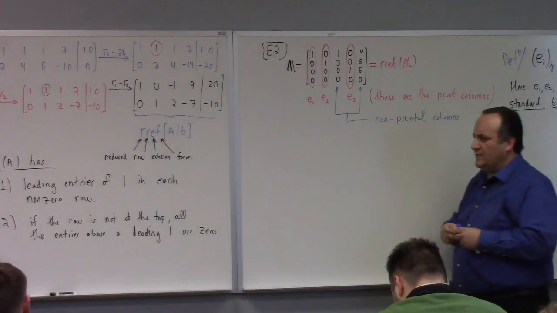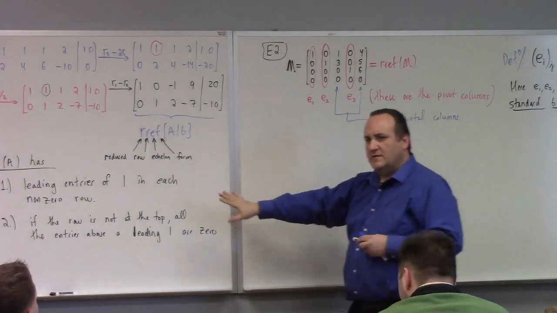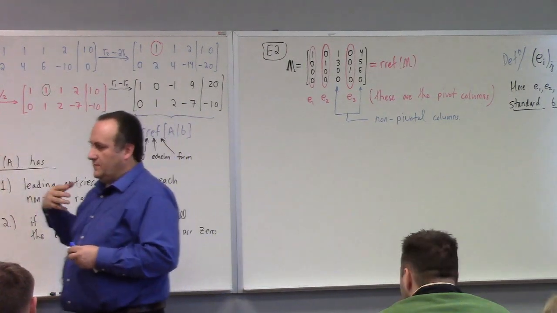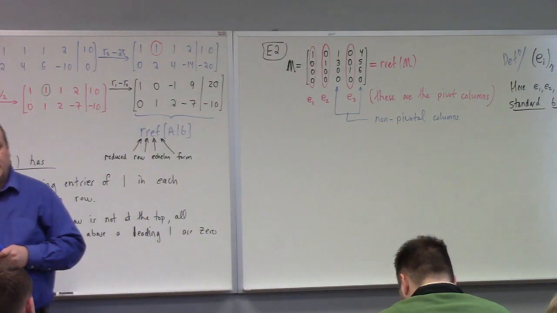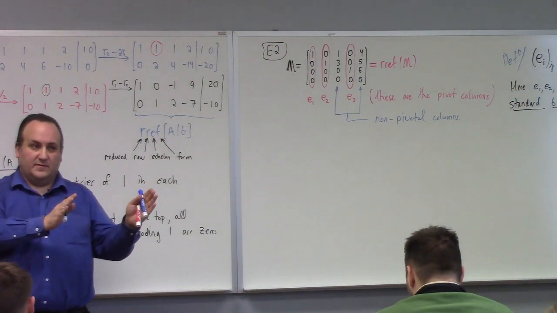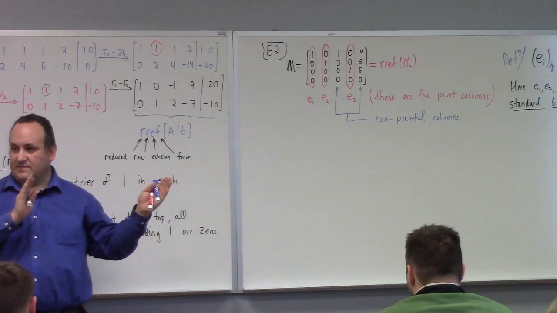Another way I can say what I was saying is that if we've done our job correctly, the reduced row echelon form of the matrix will have pivot columns where every pivot column is a standard basis element.